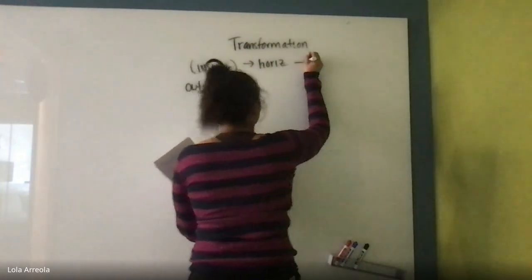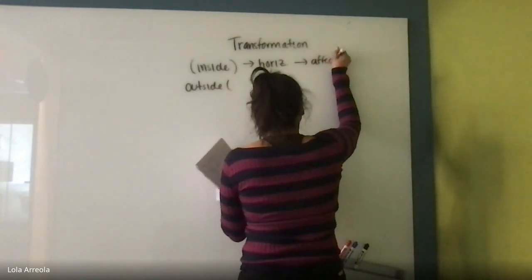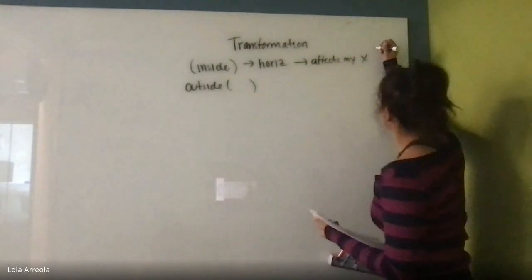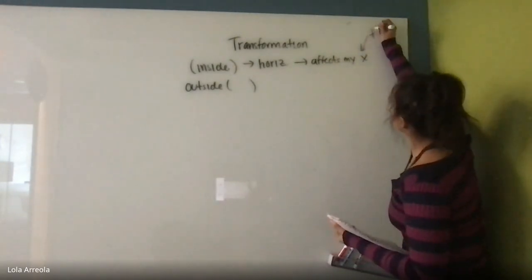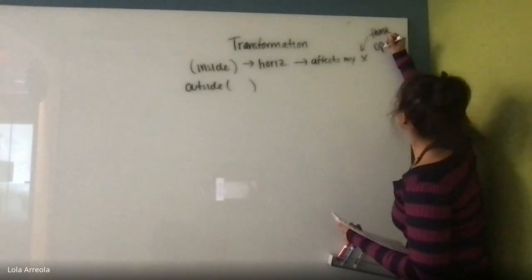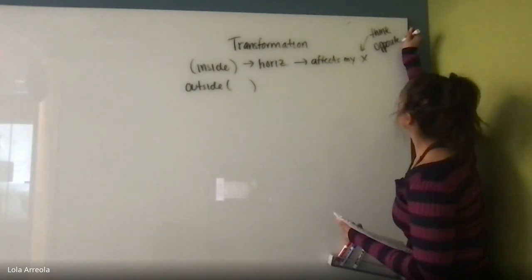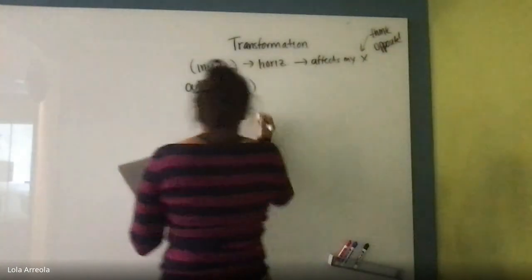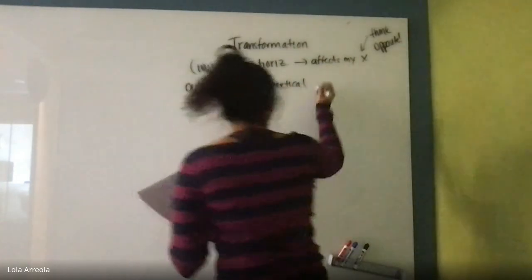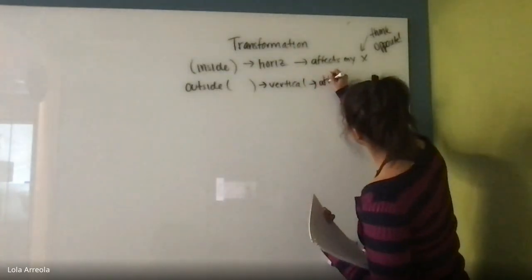That just means it affects my x. And for this, I have to think opposite. Can you guys see that? Yeah, think opposite. Outside parentheses is vertical. That just means it affects my y.